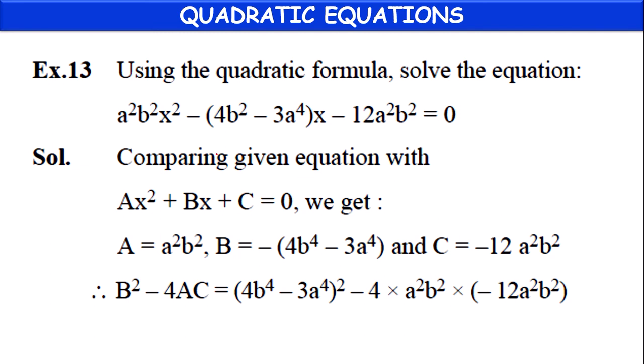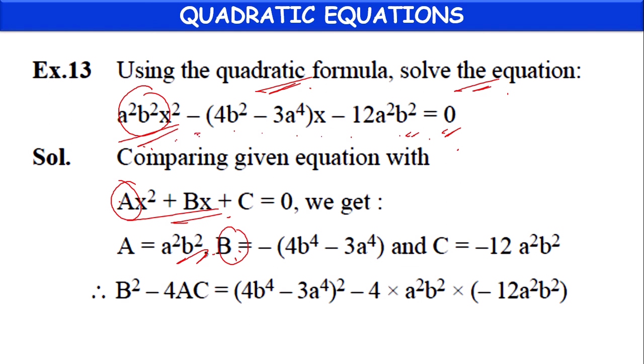Next, example 13. Using the quadratic formula, solve the equation a square b square x square minus of 4b square minus 3a power 4 into x minus 12a square b square equal to 0. If you compare with the standard form, in the place of a we have a square b square, in the place of b we have this entire term, in the place of c we have this entire term.